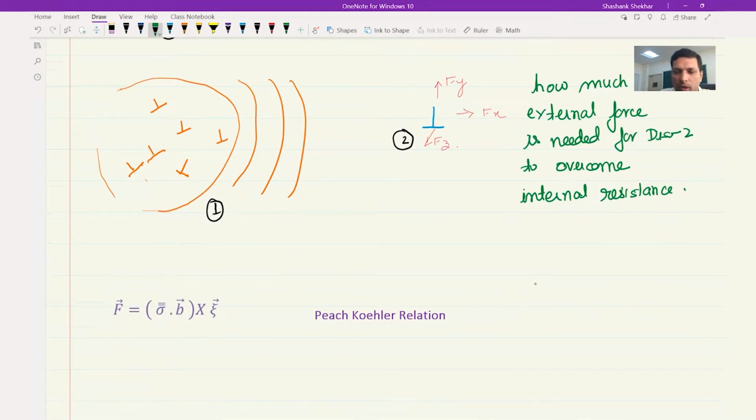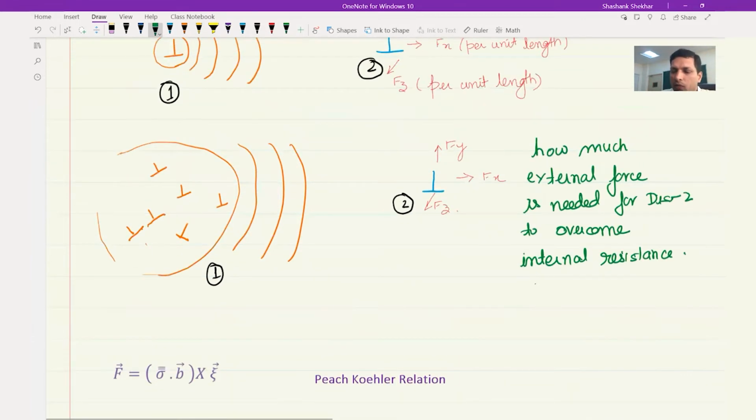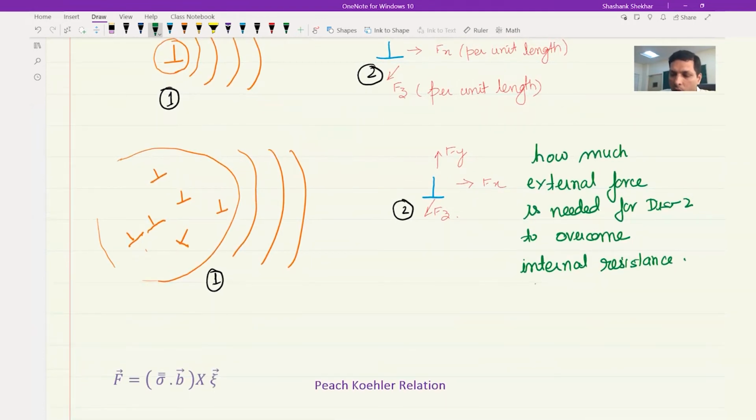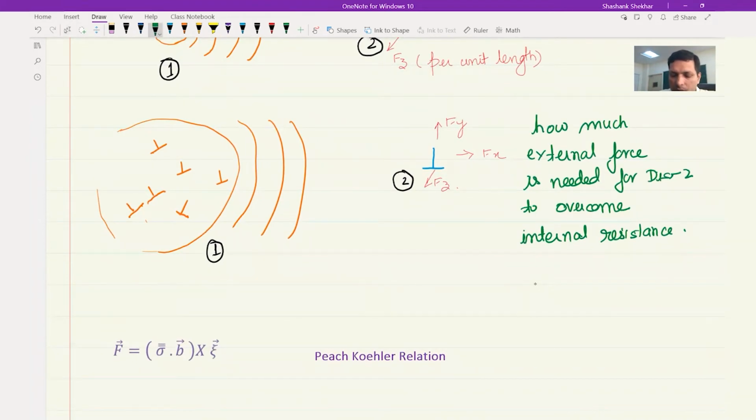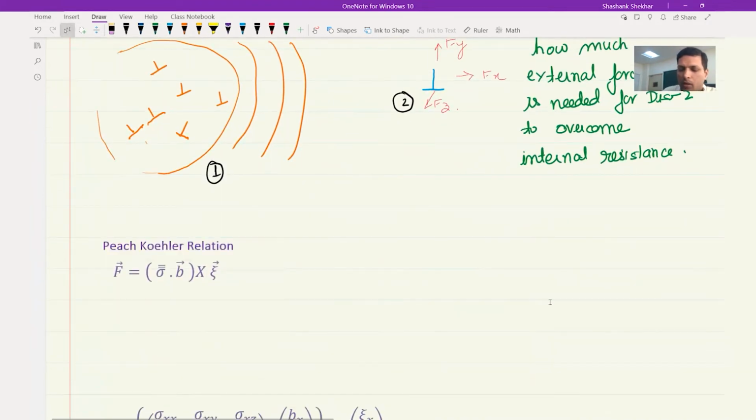So you may be able to calculate the overall stress because of this bunch of dislocations, and based on that you would find out what will be the force acting on this. The b and line vector that are given are for dislocation 2. So we are calculating the force on dislocation 2, whose Burgers vector and line vector are given here. And now I will explicitly mention what F is. F is the force per unit length.